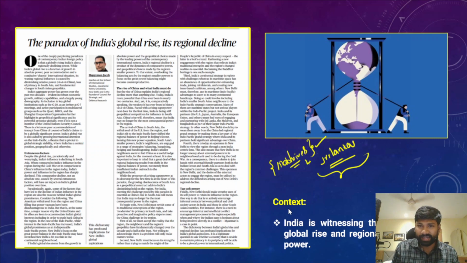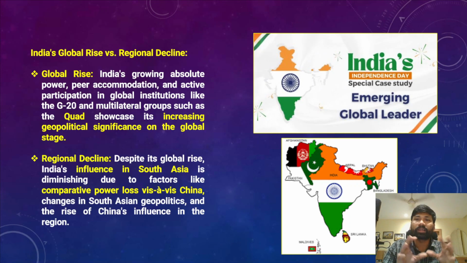Now, if you understand the context of this editorial, the author is clearly saying that India has been witnessing a simultaneous global rise and, at the same time, a regional decline in power. So this is the crux of the article that the author has been trying to discuss here. So how has India been rising at the global level?